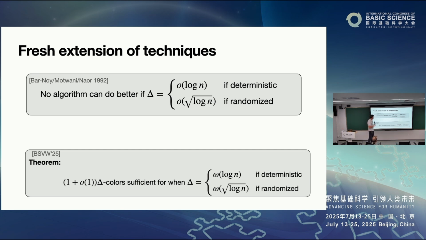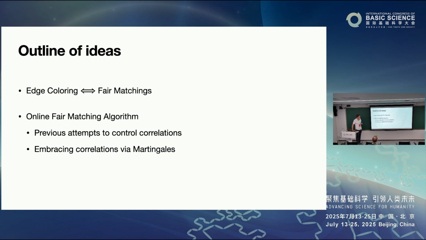If you allow for deterministic, log n is the right threshold. If you allow for randomization, root log n is the right threshold. But I will talk about the simpler first result mainly, and then comment a little about these sharp thresholds. As I said, you sweat for a year and you can push it.